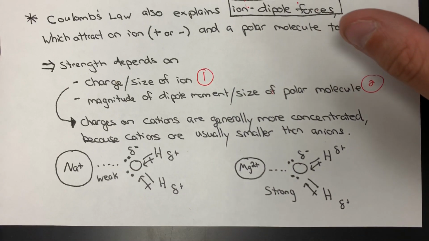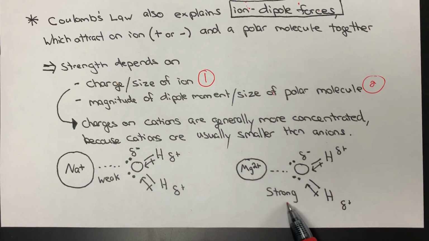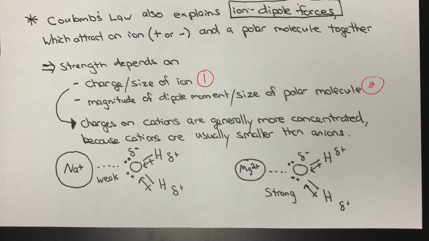So let's take a look at an example of sodium ion, this cation, interacting with water. Given the size of sodium and the fact that it's a +1 charge, we find that this IMF, intermolecular force, is rather weak. Given the fact that magnesium ion is twice the charge of sodium and it's a smaller atom, this ultimately yields a rather strong ion-dipole force.